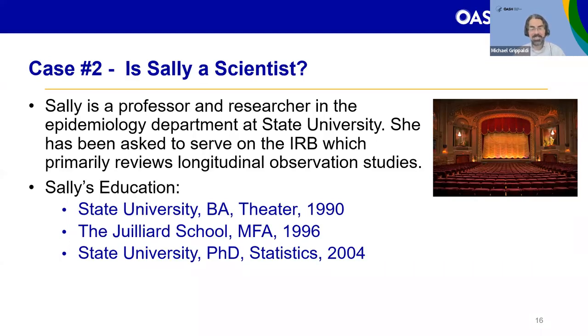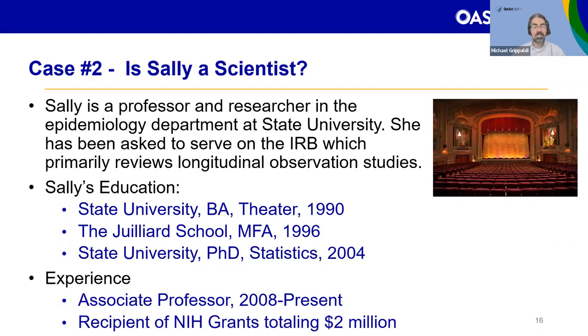You know, she earned a bachelor's in theater and then a master's of fine art from Juilliard. But it seemed that she also had some other aspirations and interests. So she finished acting and went on to earn a PhD in statistics. She's been an associate professor for 15 years and has received $2 million in grant money from the National Institutes of Health for her research.